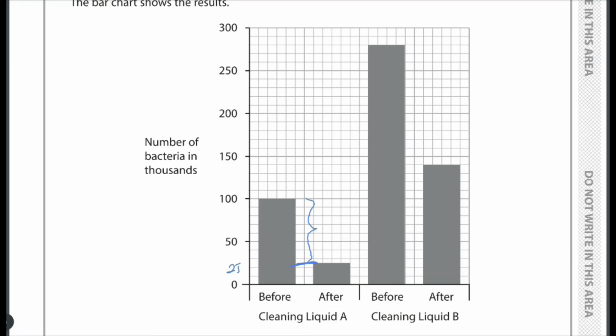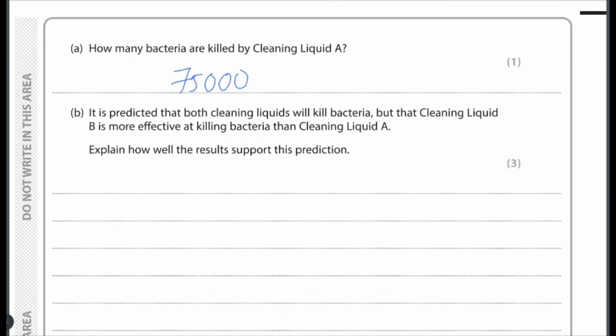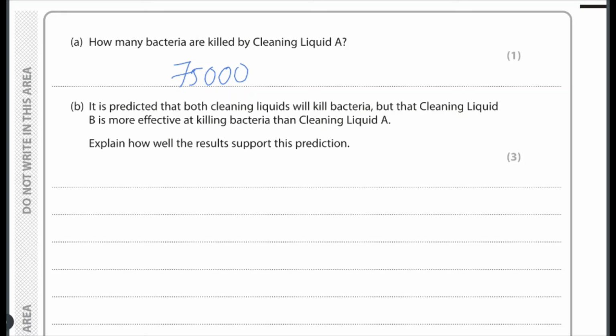So we'll look at how much difference there is between these two values. 280,000 minus 140,000, that will be around 140,000 difference. Now we know in the first, cleaning liquid A, only 75,000 decreased, but by using cleaning liquid B, there's a decrease of 140,000. So we'll note down that we know that both cleaning liquids have killed bacteria.